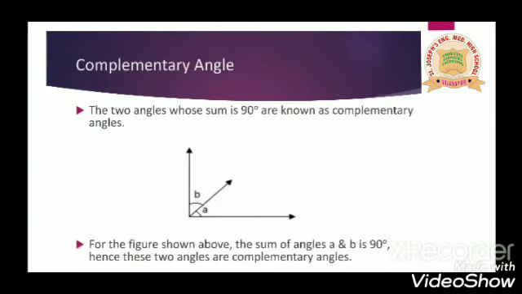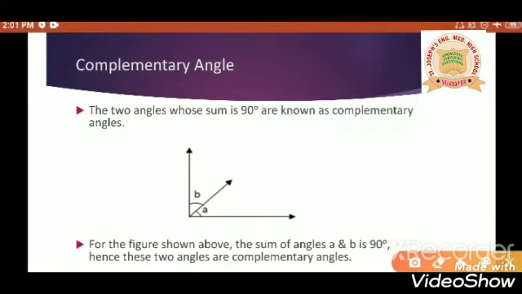Next comes complementary angles. What kind of angles do you call complementary angles? The two angles whose sum is 90 degrees are known as complementary angles. If you look at the diagram, you can see that angle A and angle B, if you add them both, you are going to get 90 degrees.